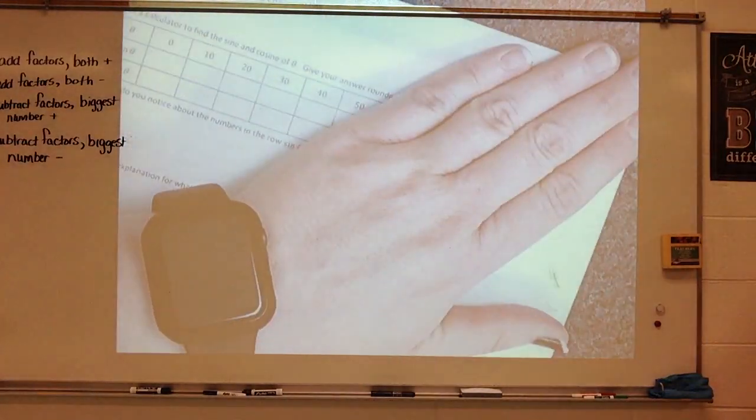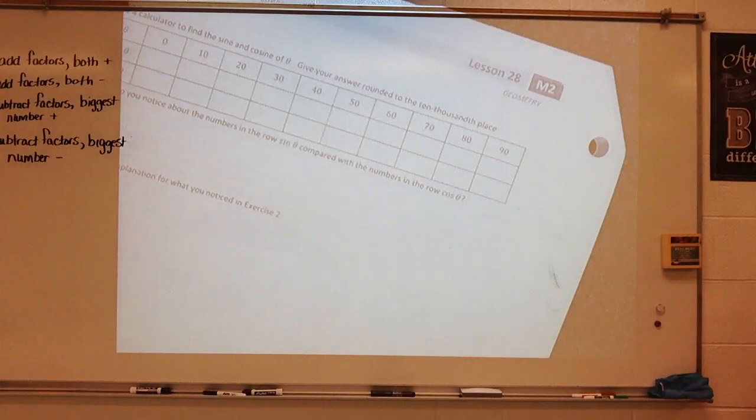Use a calculator to find the sine and cosine of an angle. Give your answer rounded to the 10,000th place. Alright. So, how do I figure this out?